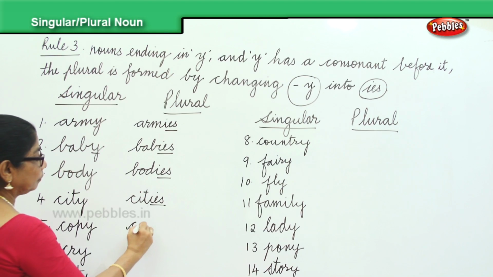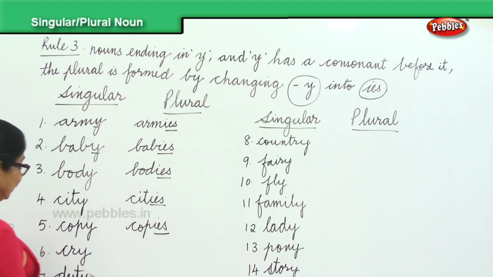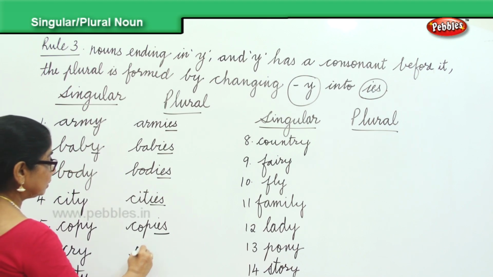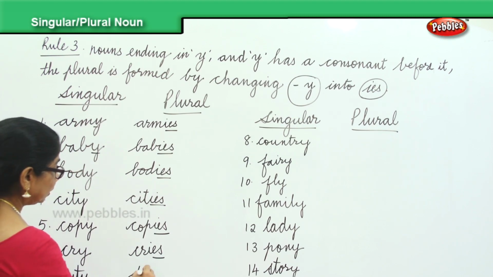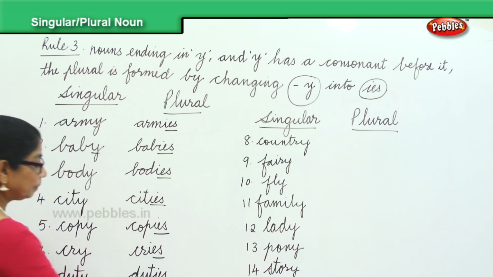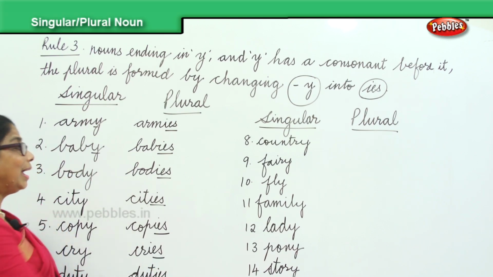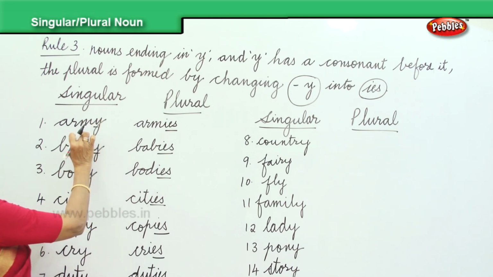Copy, IES is added, copies. Cry, cries. Duty, IES. You took away Y because there is a consonant before that.